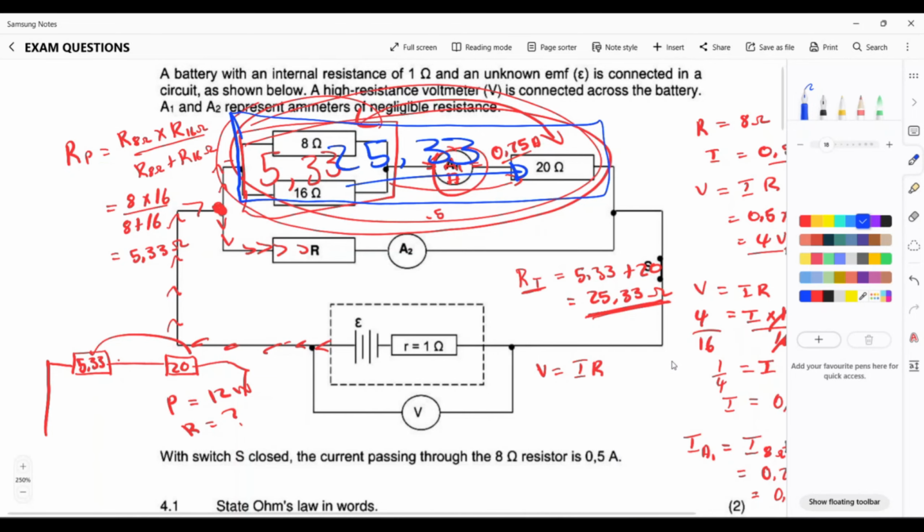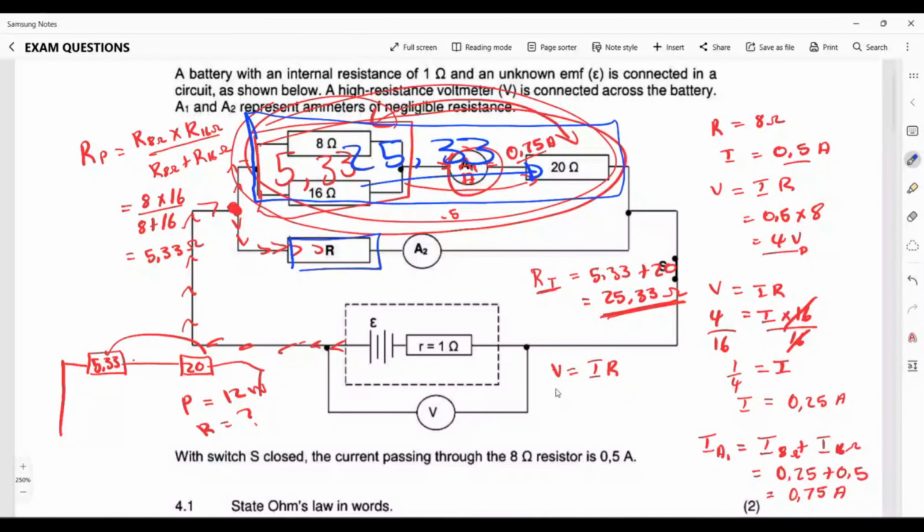That 25.33 is in parallel with this resistor, which is R2. Resistors in parallel have the same voltage. That is why I'm looking for the voltage. This is the logic you need when working with electric circuit equations.